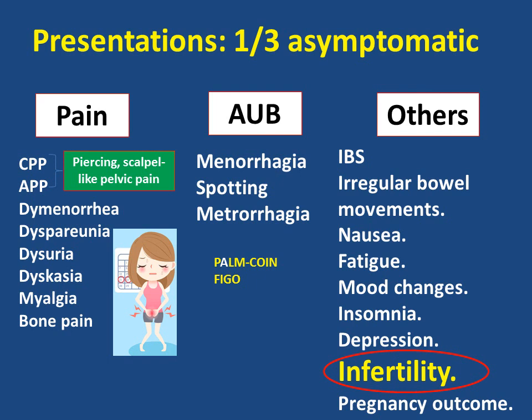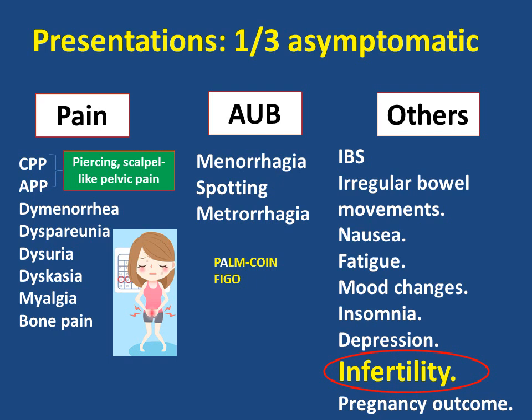Will all patients present with complaints? No. One third of our patients will be asymptomatic, no symptomatology. Just two thirds will start to complain. Complaint will be pain. In most cases, this pain may be chronic pelvic pain, more than 6 months, or acute pelvic pain, which is characteristically piercing, scalpel-like, very painful, very agonizing.